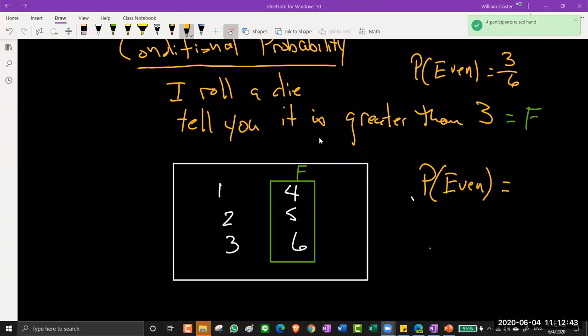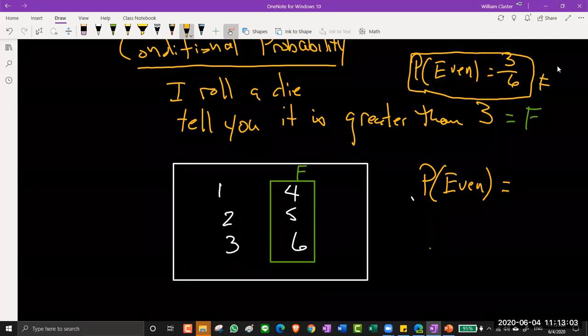I think it is 2 out of 3. Okay, all right. Why is it 2 out of 3? We already said that it was 1/2 or 3/6, not 2 out of 3. It was not 2 out of 3, right?